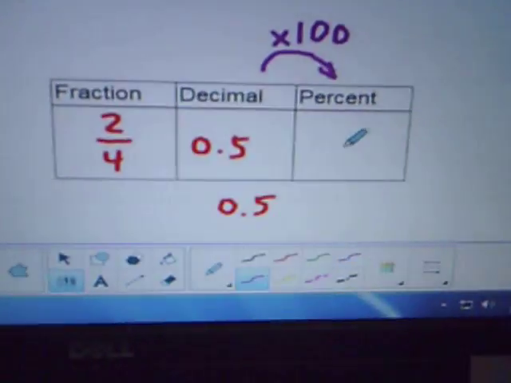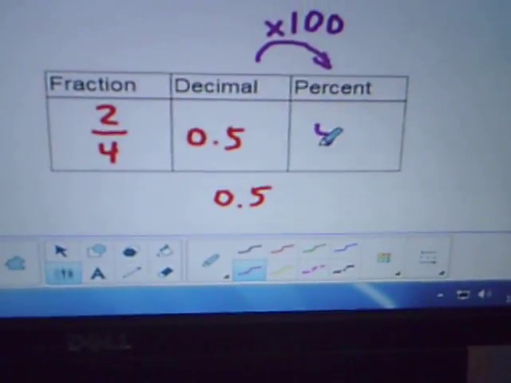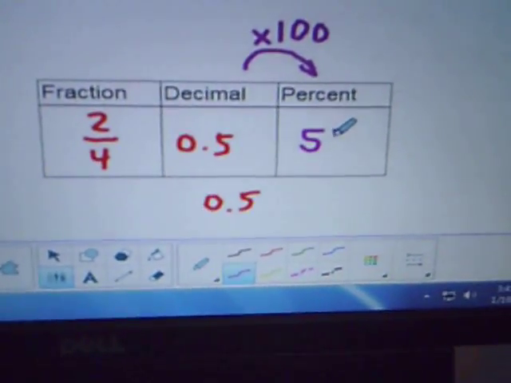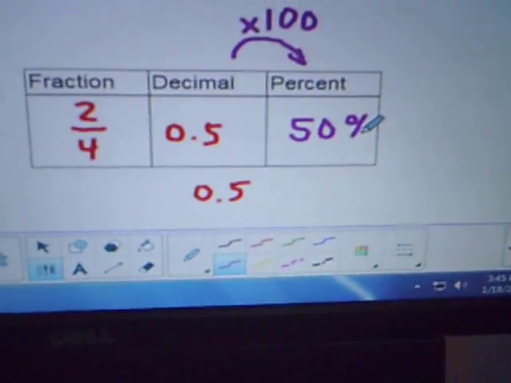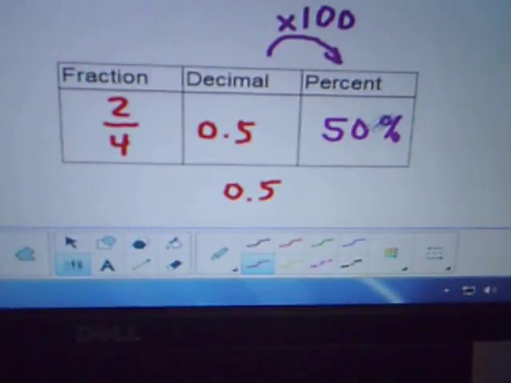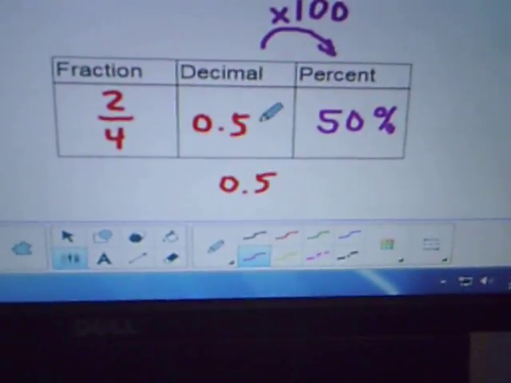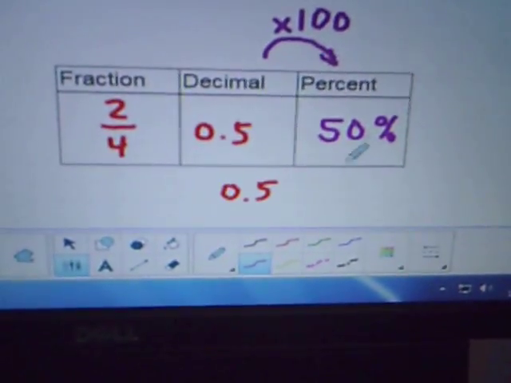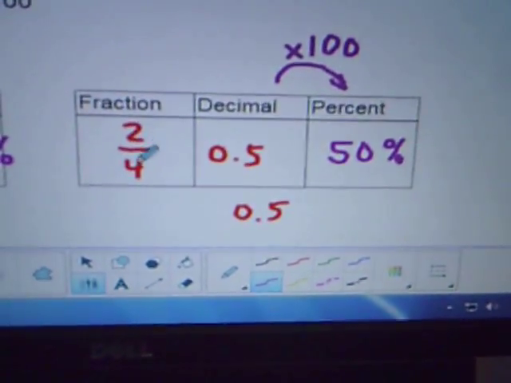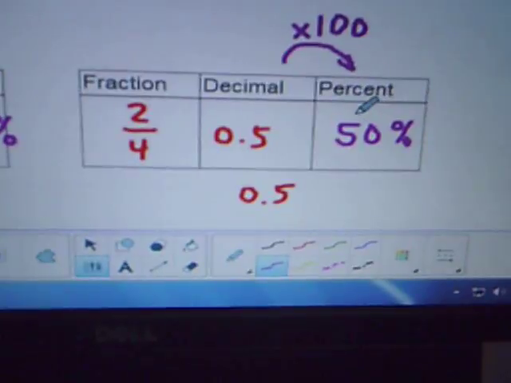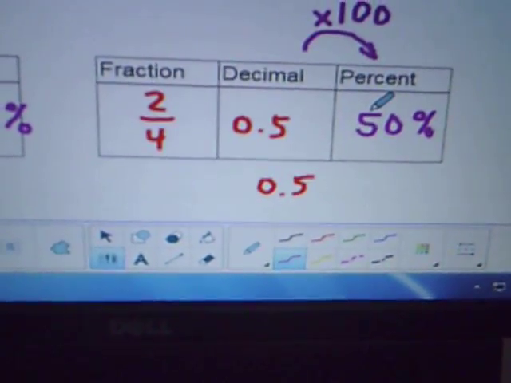And when you do, you will get 50. And don't forget to add your percent sign. So 2/4 is the same as 0.5, which is the same as 50%. And of course, these are all equivalent to 1/2.